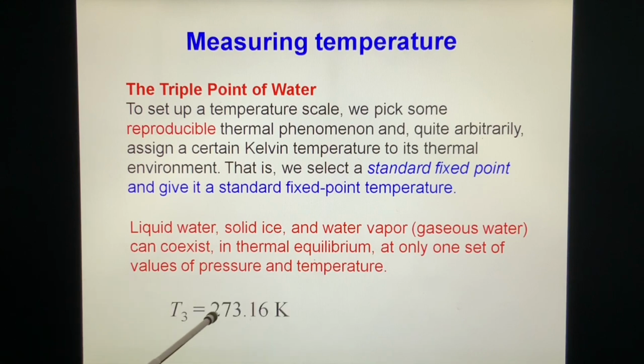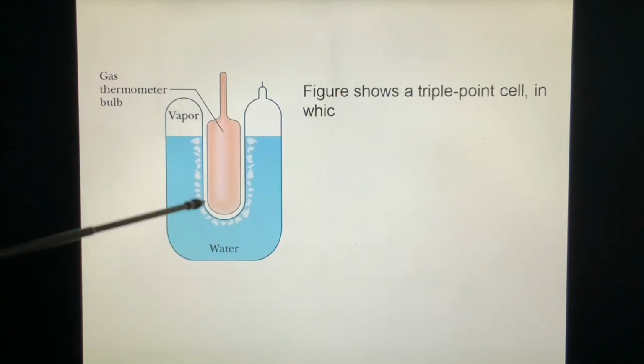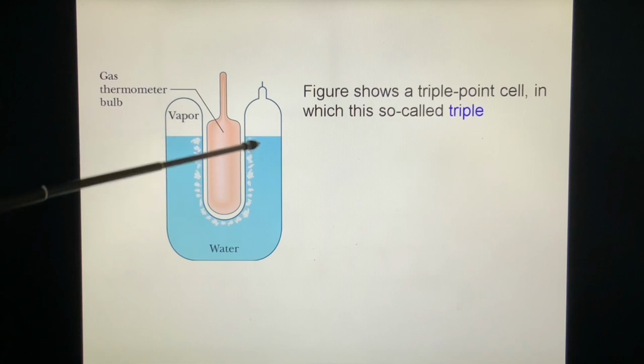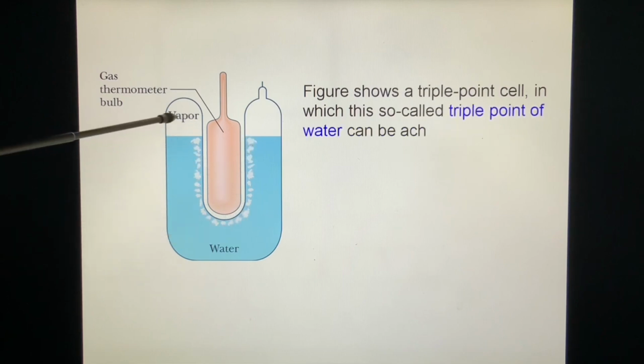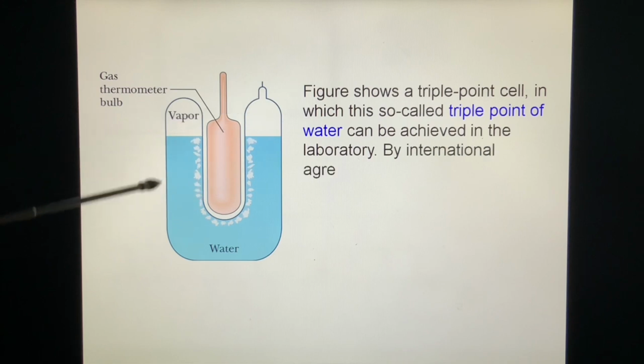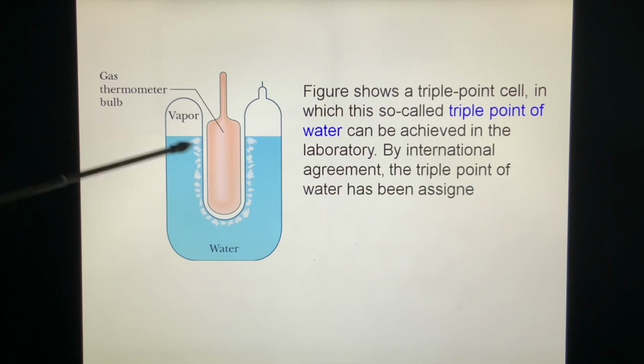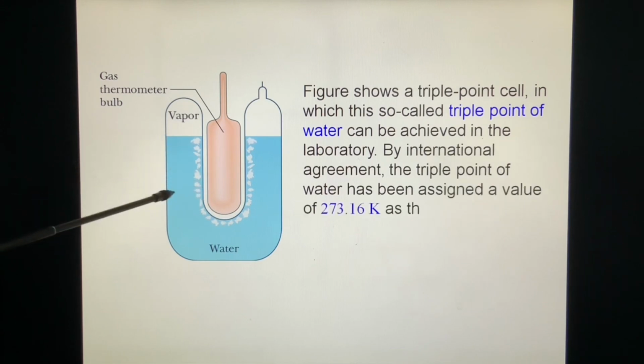The temperature is 273.16 Kelvin. The pressure is 0.61 kilopascal. This is the bulb, this is the ice, and the water vapor. The figure shows a triple point cell in which the so-called triple point of water can be achieved in the laboratory.